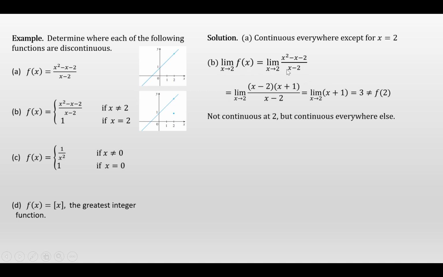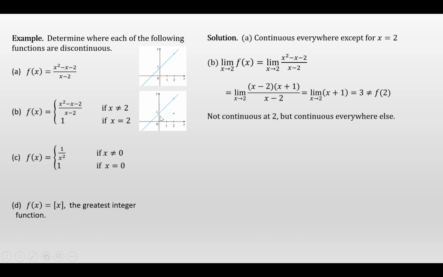We actually proved that f(x) is equal to x + 1, provided x is not equal to 2. So the graph looks like x + 1, which is a straight line because it's a linear function. When x equals 0, y equals 1, so it passes through (0, 1), and the slope is 1, so it should look like this.